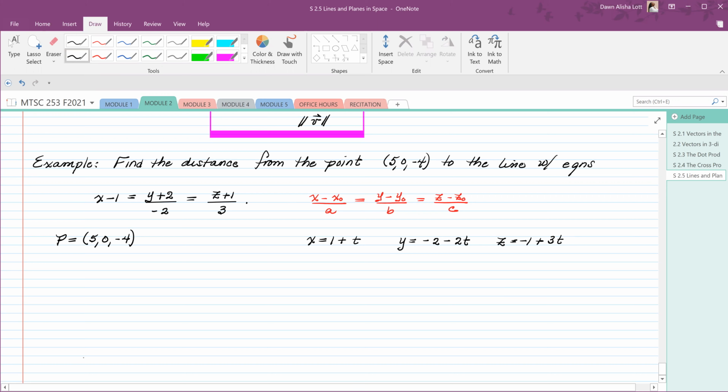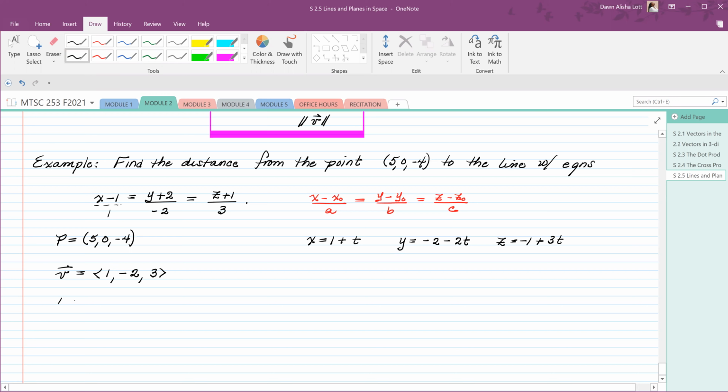Okay, so now I know from my parametric equations that my vector v is 1, -2, 3. So that's my vector v. And then I know I need a point on the line.